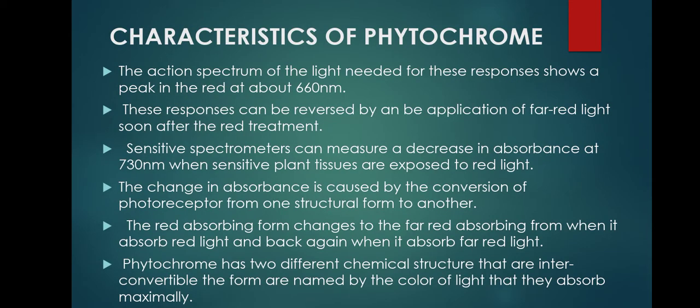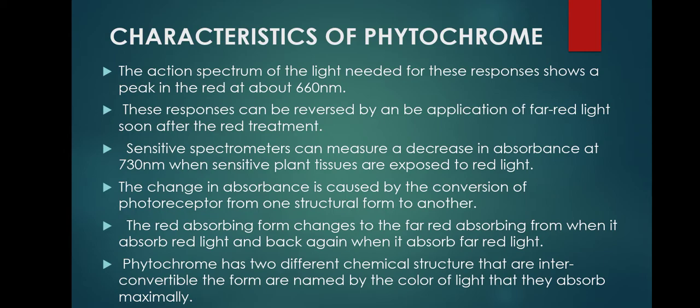Now, some characteristics of phytochrome. Number one is that the action spectrum of the light needed for these responses shows a peak in the red at about 660 nanometer. These responses can be reversed by application of far-red light soon after the red treatment.